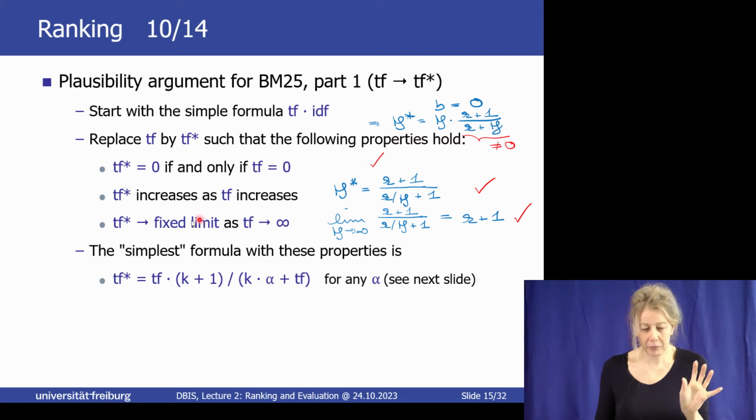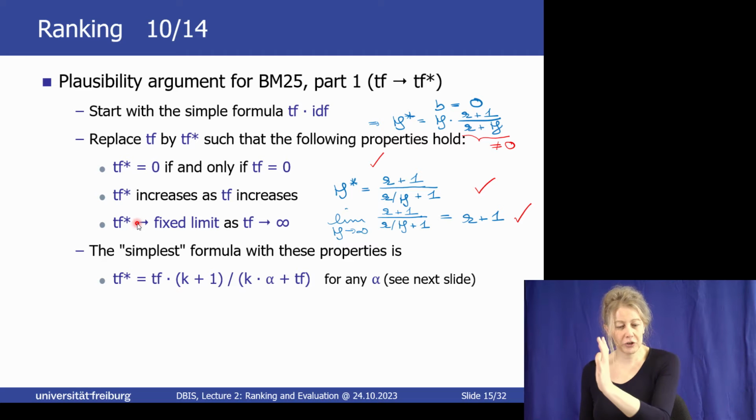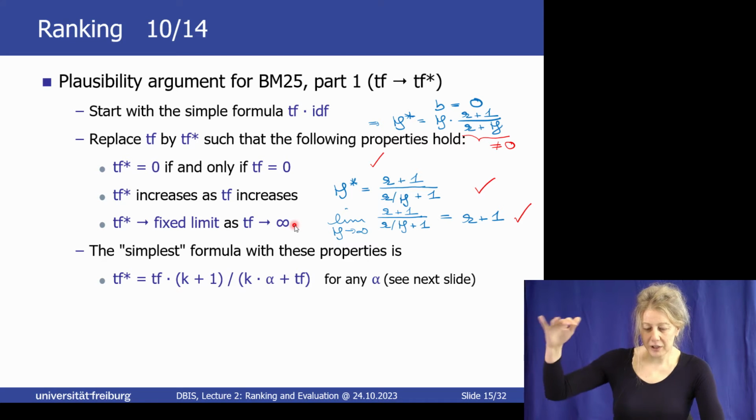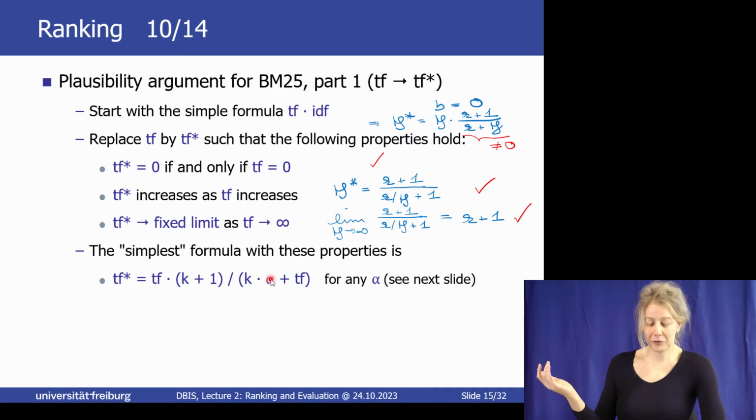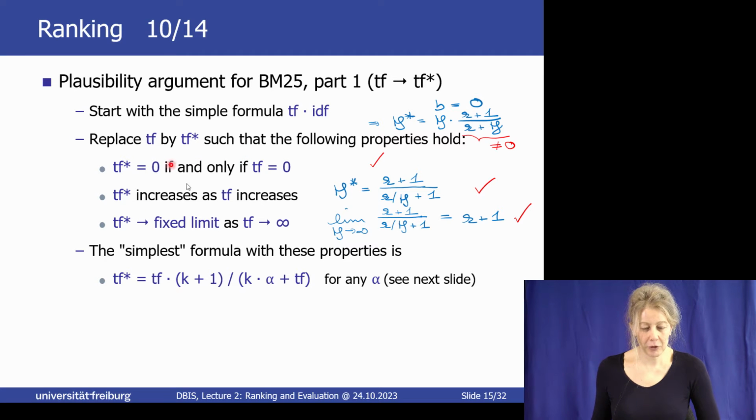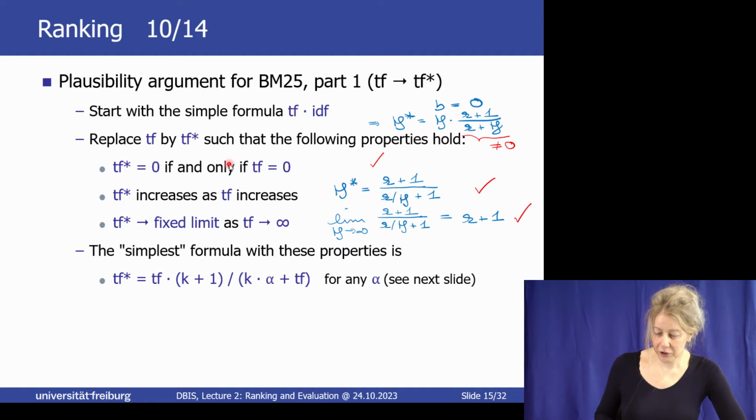We have that property. And as it approaches infinity, it shouldn't grow to infinity. It should approach some fixed limit. And it also has this property. And if you want these 3 properties, that's the simplest formula which does this. If I tell you, come up with a formula which has these 3 properties, you will come up with that formula, or something more complicated, which doesn't help.